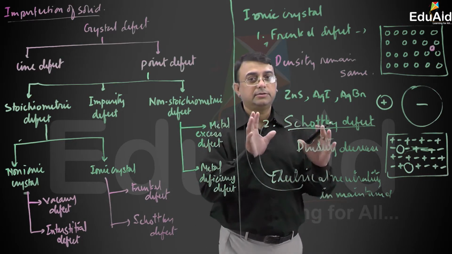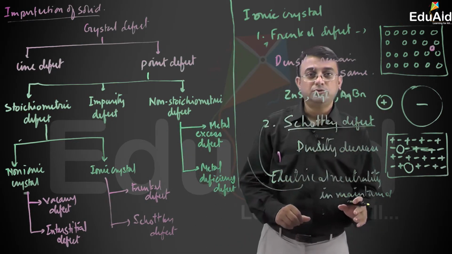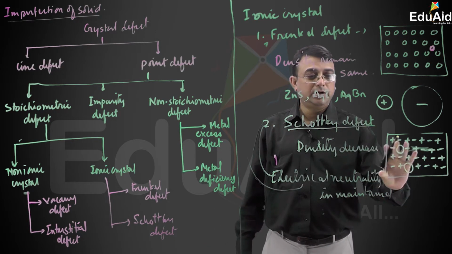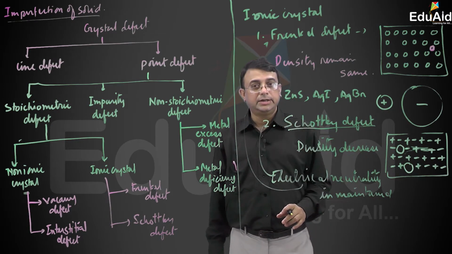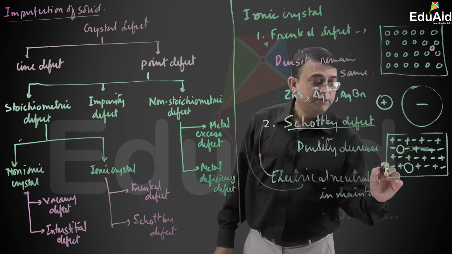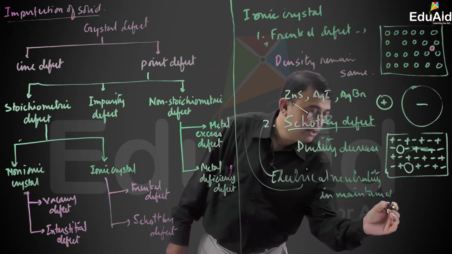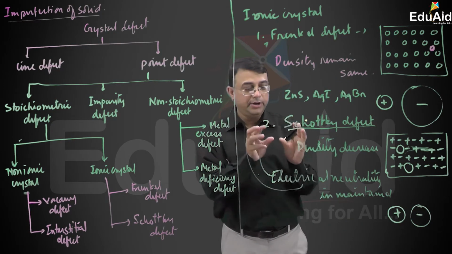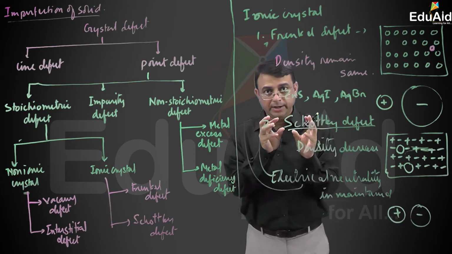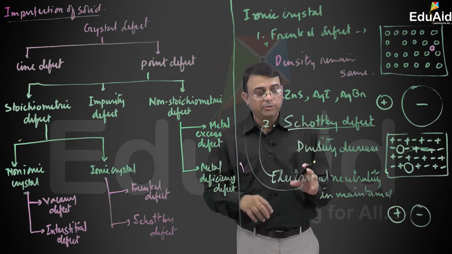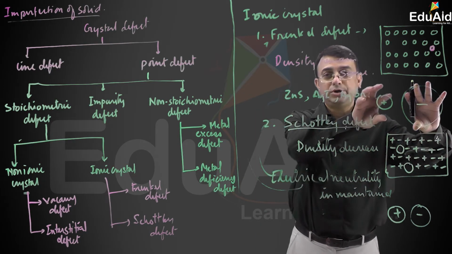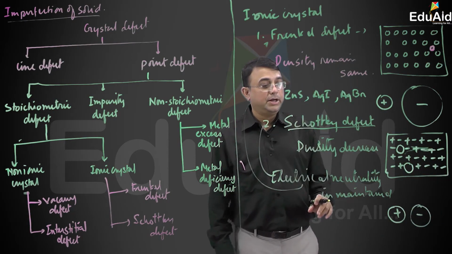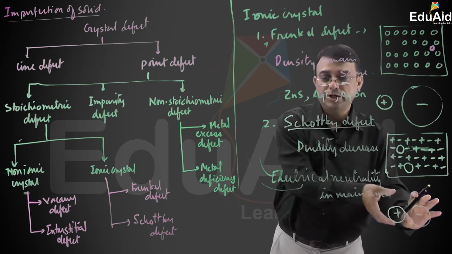There is no change in electrical charge. Now, what kind of crystals show Schottky defect? If the solid is one in which the sizes of the cation and anion do not have much difference, that shows Schottky defect. Keep in mind that we know earlier that the size of the anion is always bigger than the cation, but if that difference is very small, it will show Schottky defect.